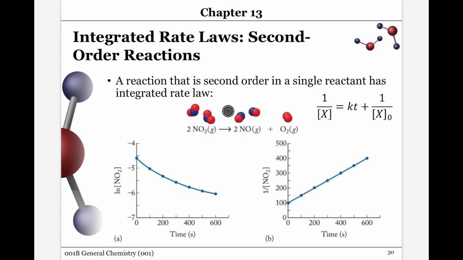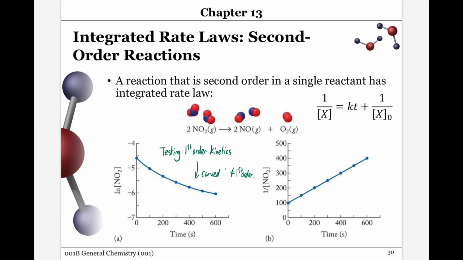If we were to assume that this was a first order process and plot the logarithm of NO2 versus time, we'd see that there's some curvature. So this is testing first order kinetics. And the fact that it's curved means that this is not a first order process.